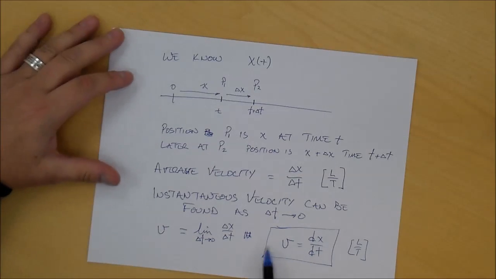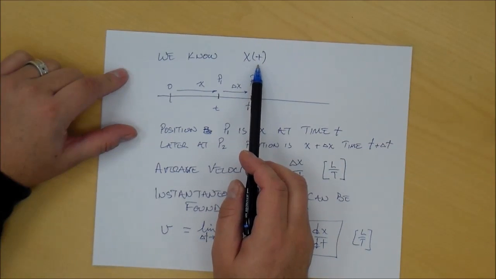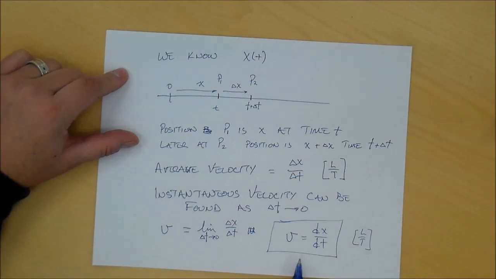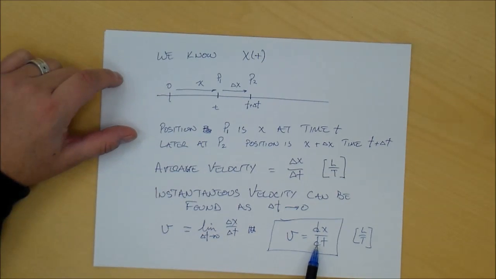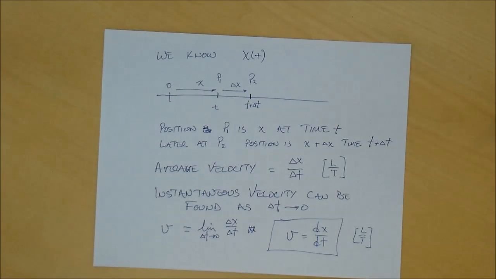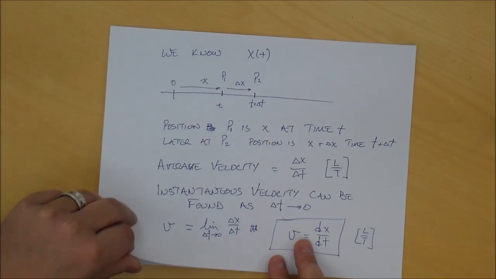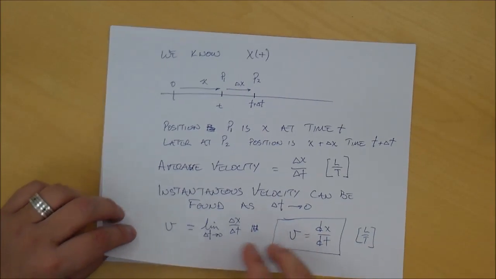Okay. So again, if we're given the position as a function of time, we know that the instantaneous velocity will be equal to the derivative of that function with respect to time. And since we know the function, we can find the derivative, presumably. All right. Okay, so we can get velocity.